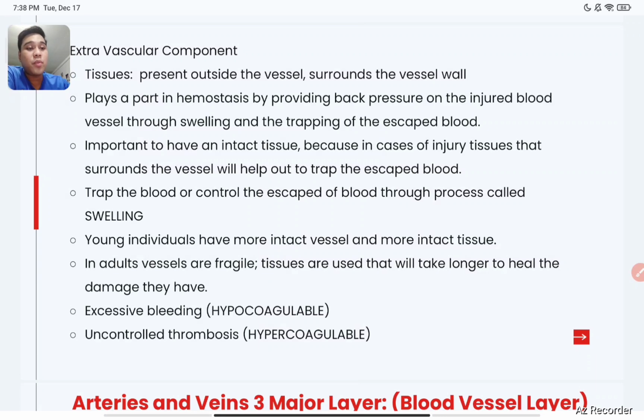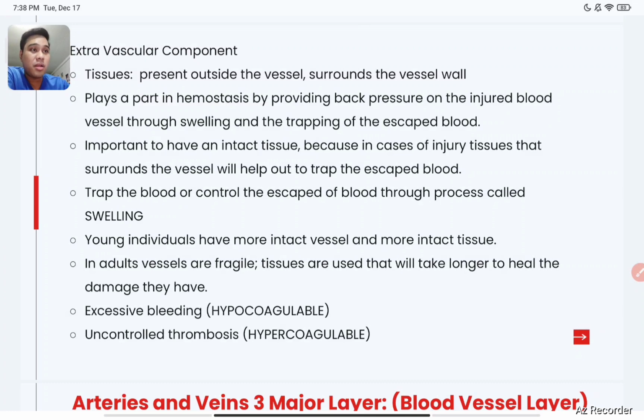So young individuals have more intact vessels and more intact tissue, and in adults the vessels are fragile. The tissues take longer to heal the damage they have. And excessive bleeding is a hypocoagulable state, while uncontrolled thrombosis is what you call the hypercoagulable state. So what this slide just talks about is that when you are younger, of course, you are more capable of healing or using the tissues surrounding your blood vessels to heal your wound.